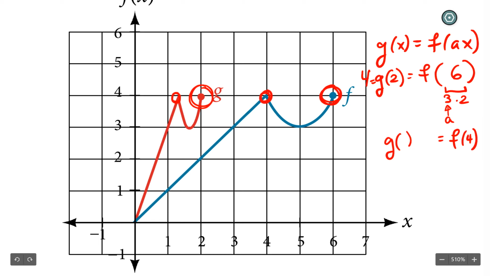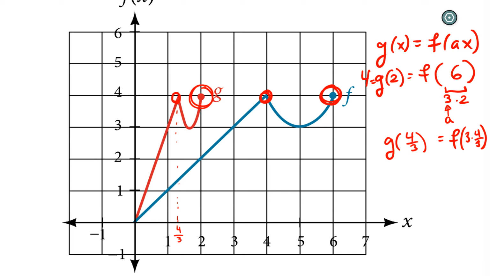Well, 4 would have to be 3 times something. 3 times what will give me 4? 3 times 4/3. So that means it's g of 4/3, which is the same as f of 4. Does this look like 4/3? Yes, it does. 4/3 is 1 1/3, so you can see this is pretty much 4/3.